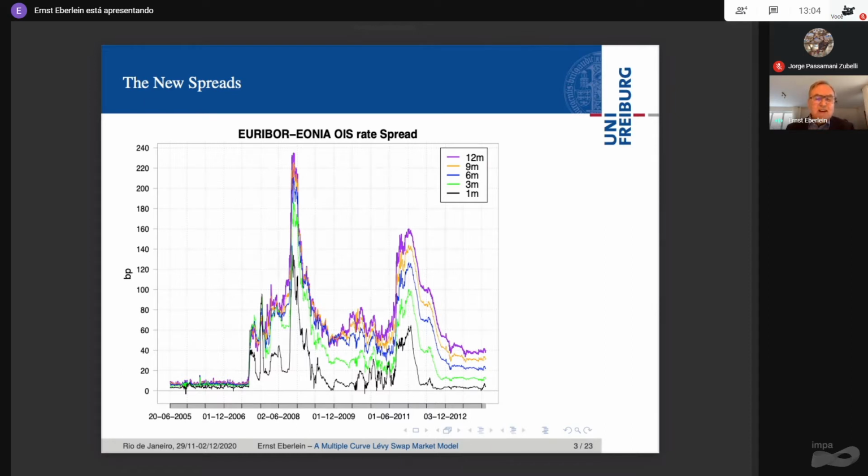But if there is risk in the market, it matters. You are free to choose a new investment partner after 3 months. And this translates into a risk premium, which are these spreads, which we see here.